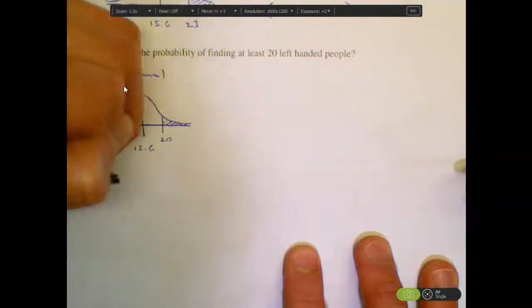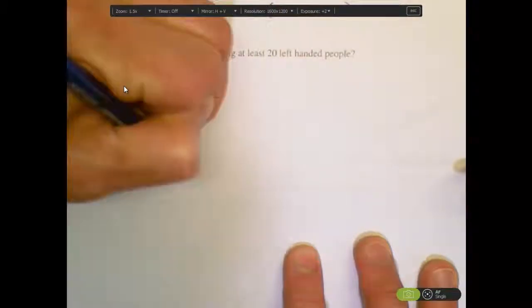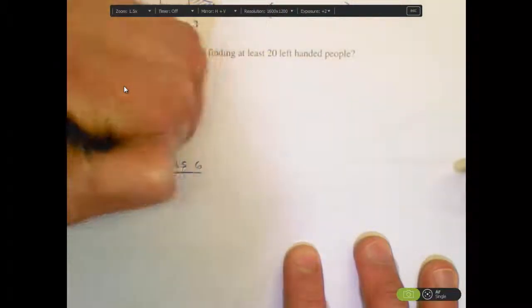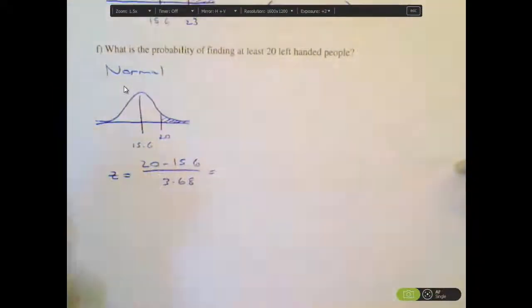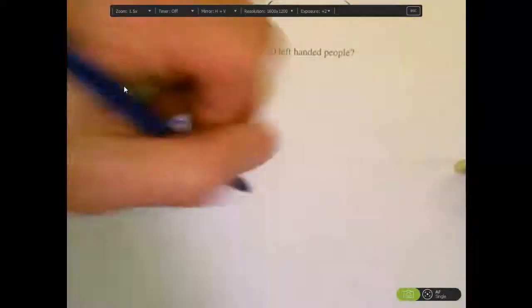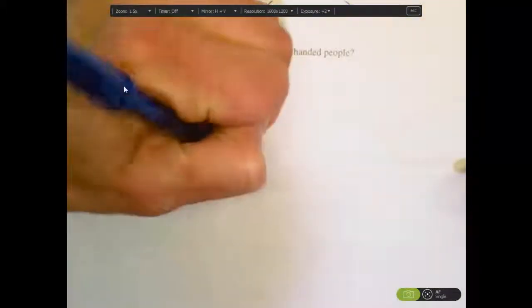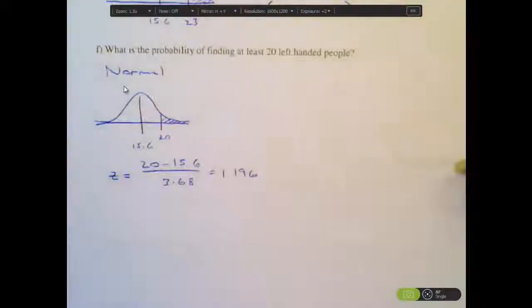So I calculate a z-score, 20 minus 15.6 divided by 3.68. Again, I'm going to have a positive z-score because my statistic is above my mean. Okay, we got a z-score of approximately 1.196.